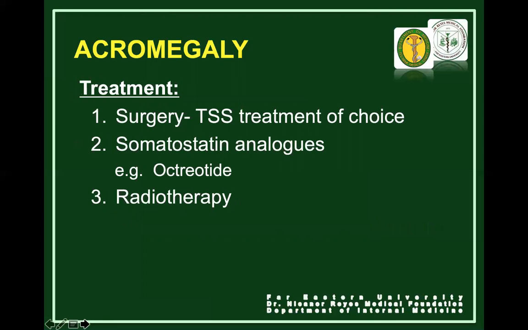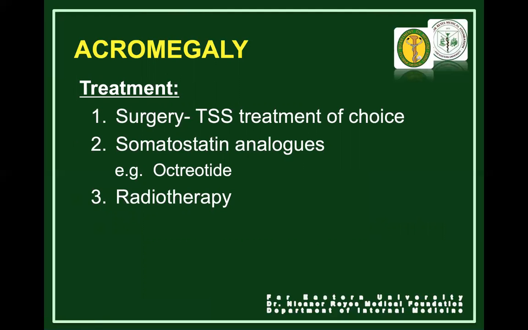or growth hormone hypersecretion. So again, how do you treat this one? So unlike in prolactinoma, wherein you will have a medical therapy, if you have acromegaly, the first line would be surgery. And as I've mentioned earlier, these usually are big tumors.